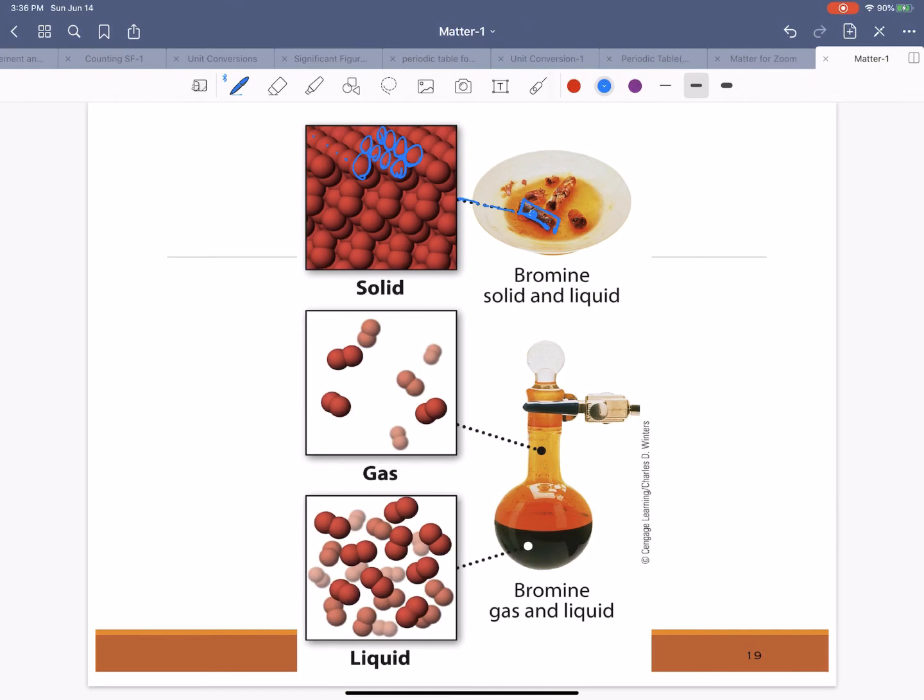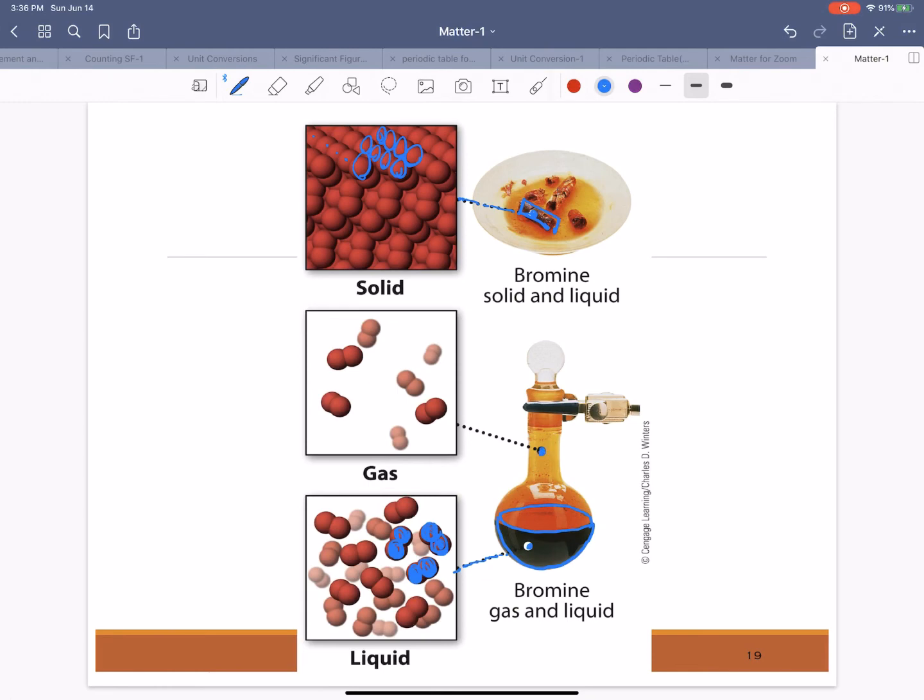But if we heat the bromine and the solid melts and becomes a liquid, and we focus on that, the author wants us to imagine 2 bromine atoms stuck together in a molecule near another pair of bromine atoms stuck together in a molecule, and another. So the smallest unit really is a pair of bromine atoms stuck together in a molecule.